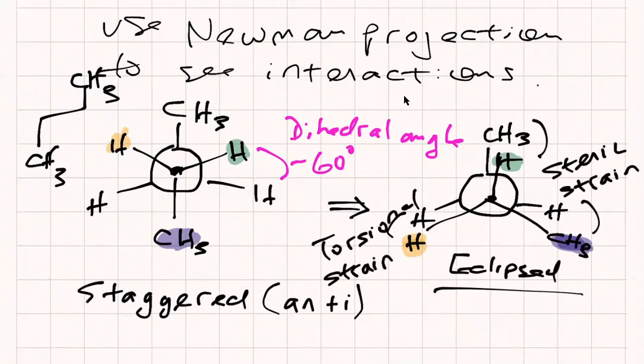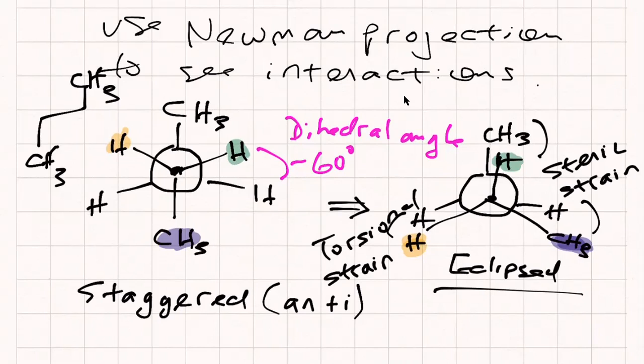It still costs energy for them to be overlapping. For this eclipsed conformation, each methyl-hydrogen overlap, I think it's 3.8 kilojoules per mole, and then I think it's 1 kilojoule per mole for the hydrogen overlap. So that's going to cost you some energy.